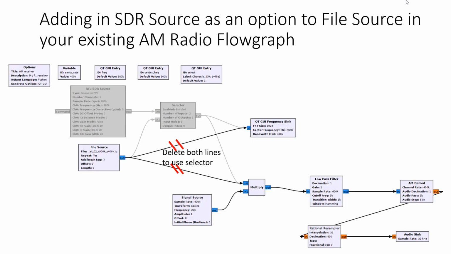Rational resampler, just to remind you, is a way of changing the frequency of the data that you've got coming through at this point. And why do we need to do that? That's because the audio sink in this case will only take 32 kilohertz, so we have to change the frequency down to 32 kilohertz. And the easiest way to do that is through this interpolation and decimation.